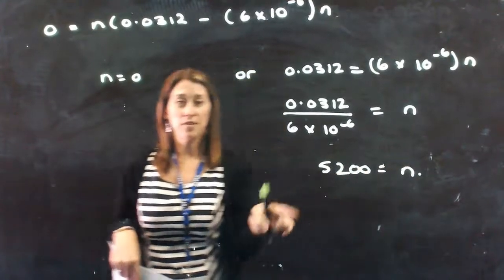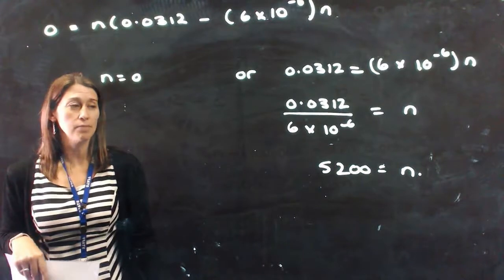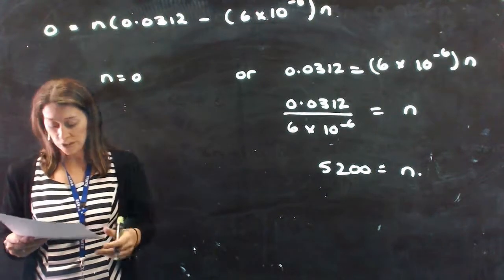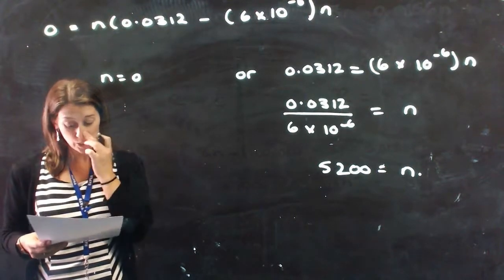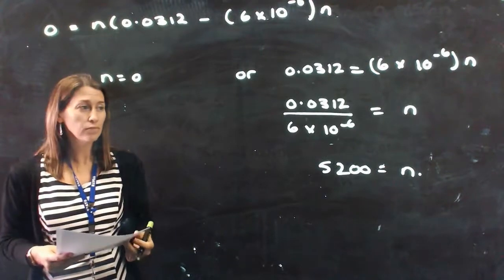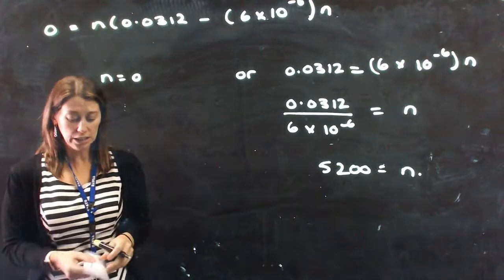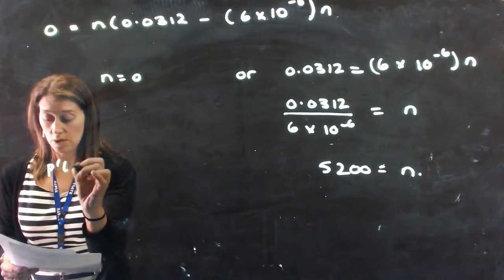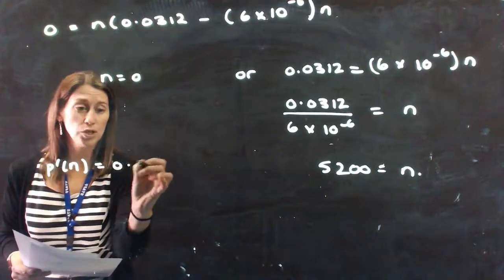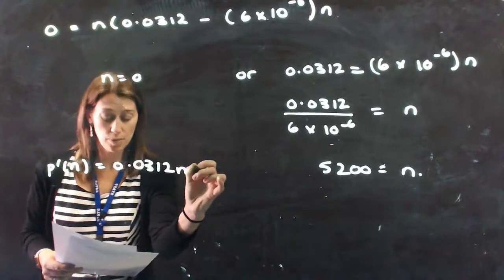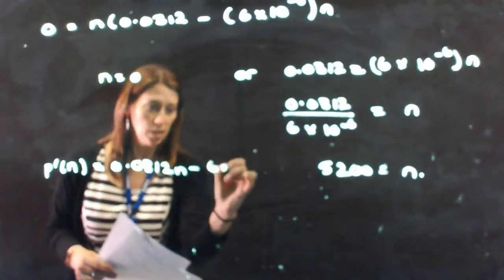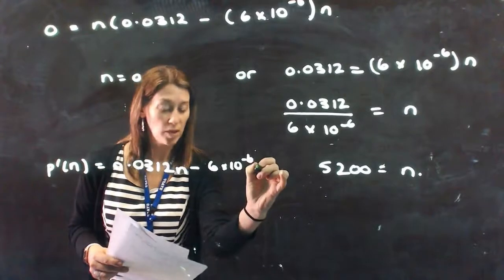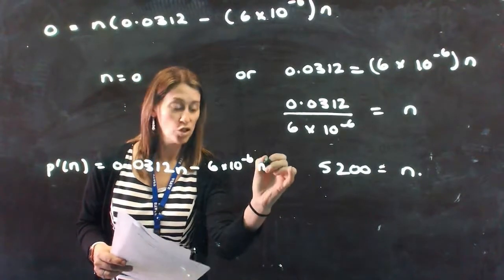Now we've got to verify that that's a maximum, so we're going to use the second derivative to verify that. Because I haven't got the derivative up here, I'm going to have to look at my notes. The derivative of the profit function over the page is P dash of N equals 0.0312N minus this number here, multiplied by N squared.